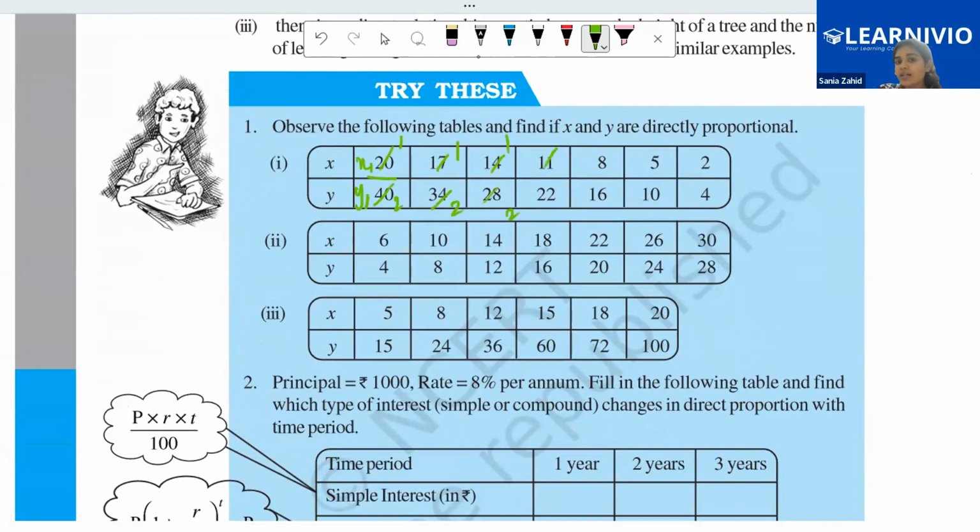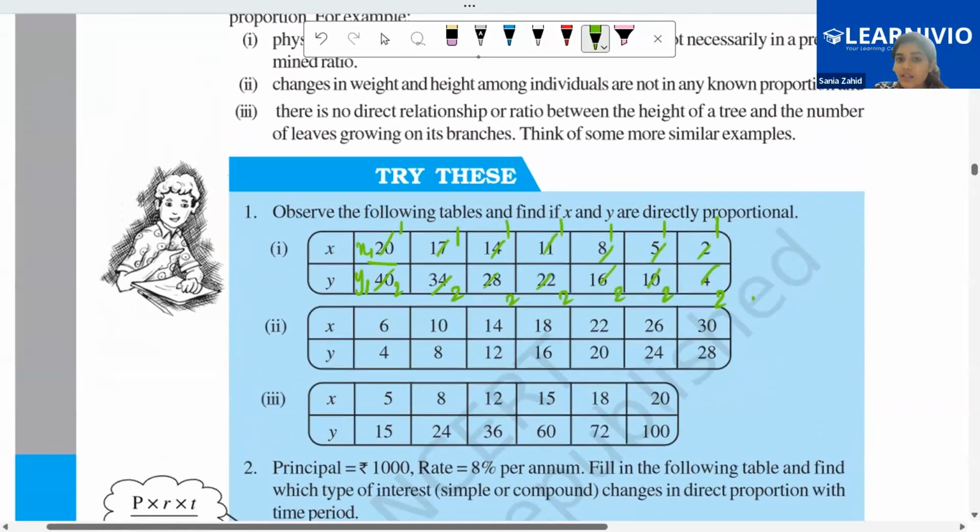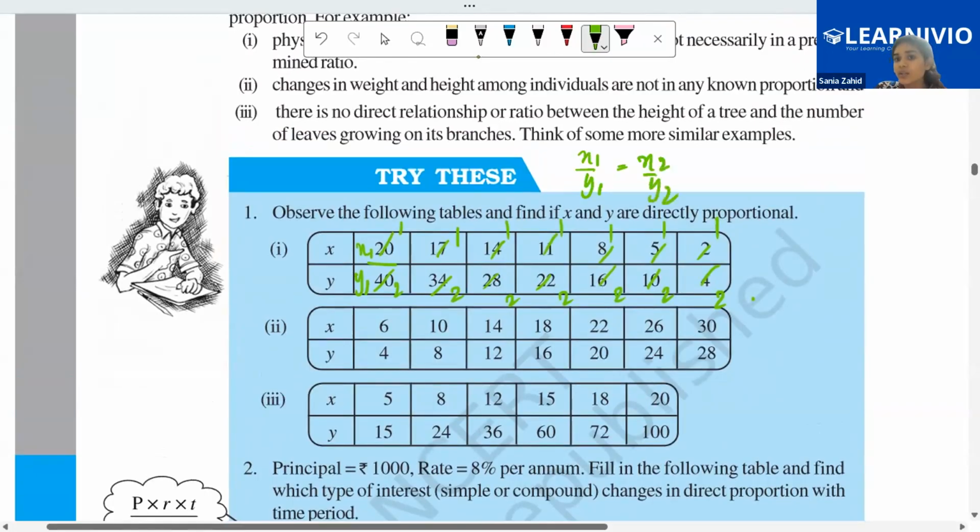Again 1 by 2. Here also 1 by 2. So if we have to check for direct proportions, we divide the quantities, because that is how the formula works. The formula is x1 upon y1 is equal to x2 upon y2, so you are dividing and checking.